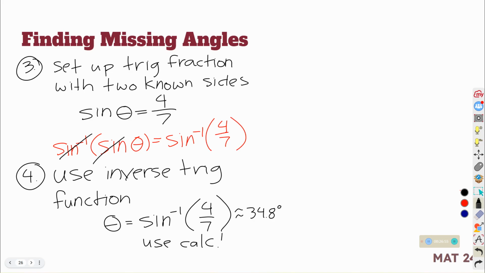So if your angle is currently set to degrees, like mine is, it's going to spit out a degree answer. If your calculator's in radians, it's going to spit out a radians answer. So if you want to know the units that go on your angle answer, check the units that your calculator is set to. Those will match.